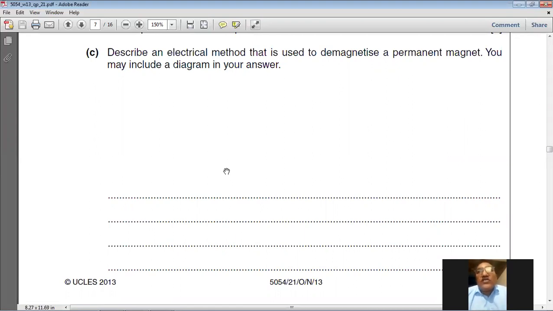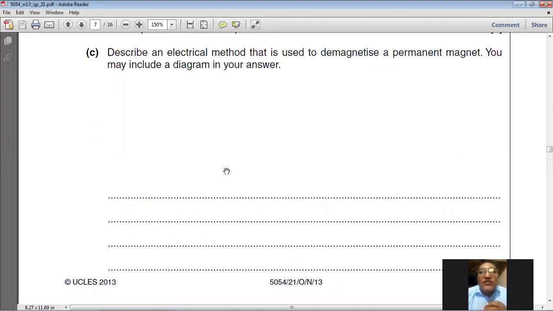So what you will do, you will take a permanent magnet, for example, a permanent magnet in rod shape.